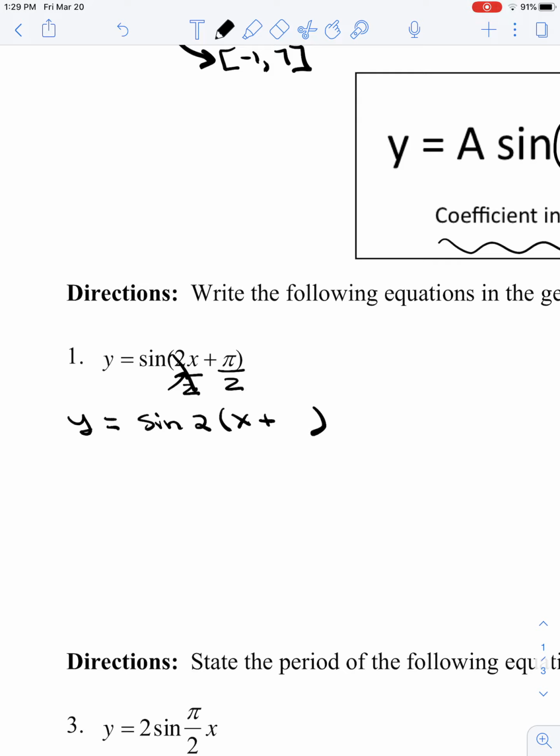So inside my parentheses, I should have x plus pi over 2. So that's telling me really that my function moved pi over 2 to the left. So you can't see your horizontal shift unless you make sure that the coefficient of the x is a 1. So if you originally looked at this function and you thought the function shifted pi units to the left, you would have been incorrect.